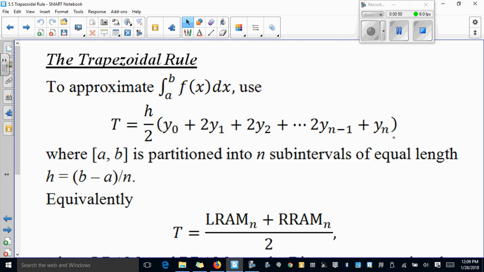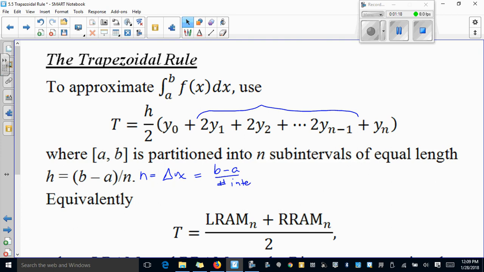Notice it's only the ones in the middle that are multiplied by 2, where a to b is partitioned into n subintervals of equal length, and h is equal to (b minus a) over n. It's your delta x, guys. h is simply delta x, which is your ending point minus your beginning point divided by the number of intervals.